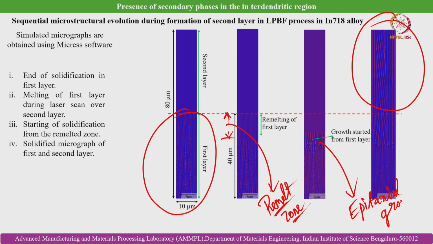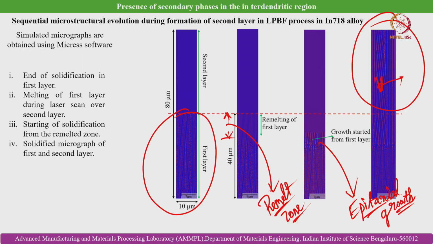Here we also look at the angle made by the direction of the evolving dendrite trunks with respect to the direction of the maximum thermal gradient. For example, here the direction of the thermal gradient is vertical, and this is the direction of growth of the evolving dendrite trunks.